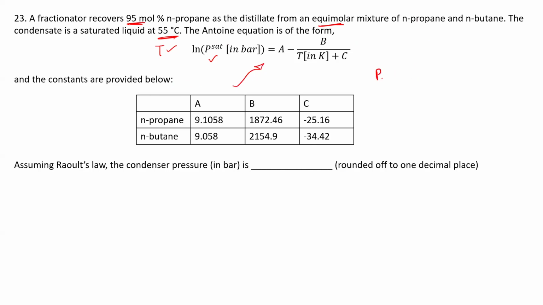So if I find P propane sat and P butane sat, equal to what?